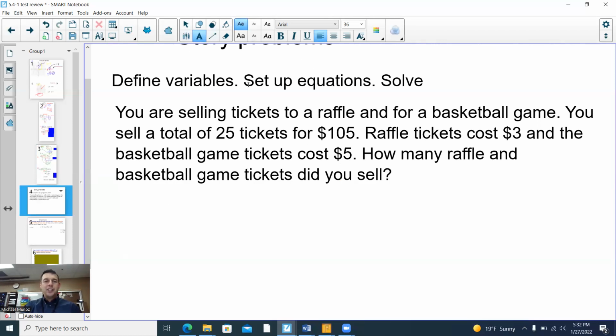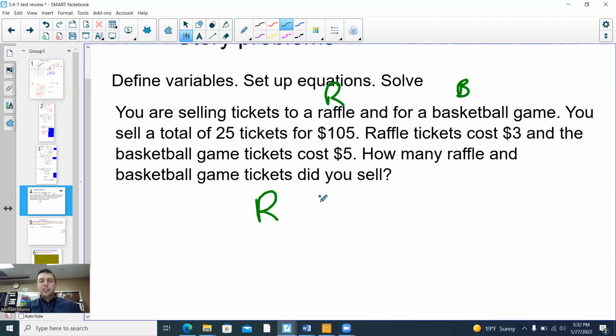So I'm just going to show you how to set it up. On these type of problems, I want to label them. So we'll call our raffle tickets R, and we'll call our basketball tickets B. The first equation that I'm going to do is add up my raffle tickets plus my basketball tickets, and that's going to equal my total amount of tickets I sold.